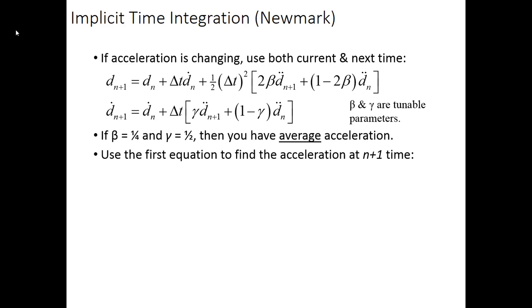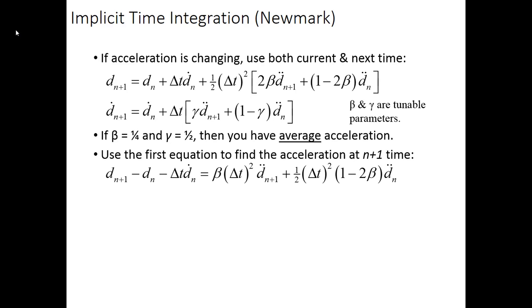What we want to do now is use that first equation to find the acceleration at the n+1 time. And this is kind of the cool thing. We've introduced the acceleration in order to define our next displacement term. But now we're going to rearrange the equation to give us the acceleration at n+1.